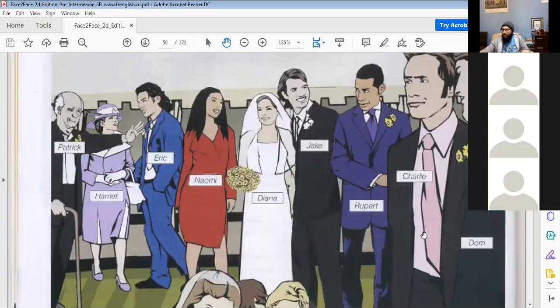He looks happy and optimistic. Is he thin or is he fat? Maybe fat. Yeah. Okay. What about his hair? Tell us about his hair.